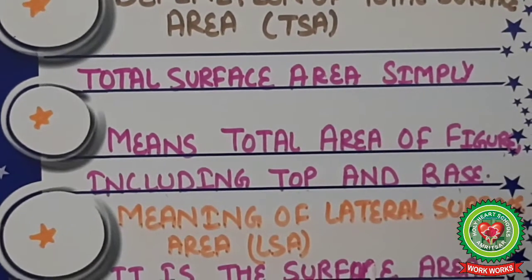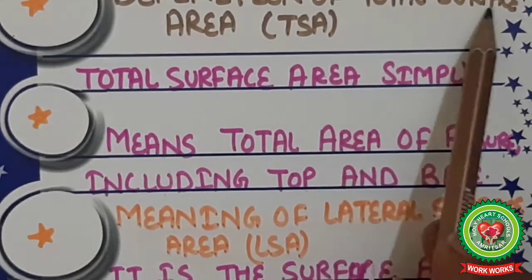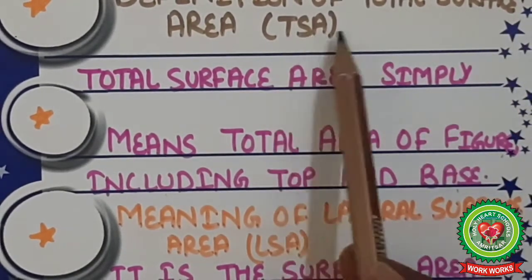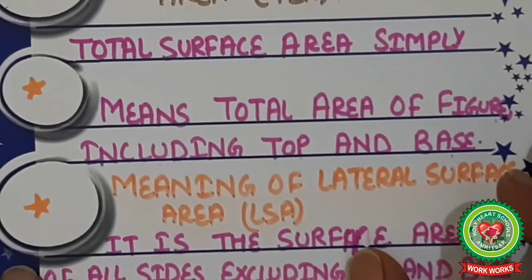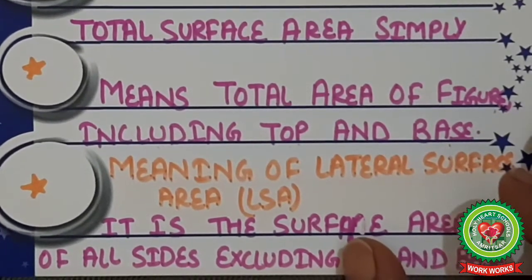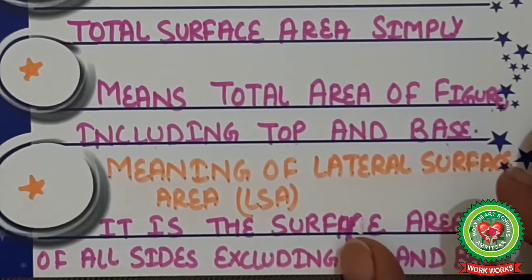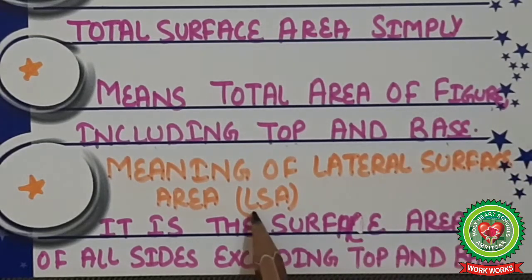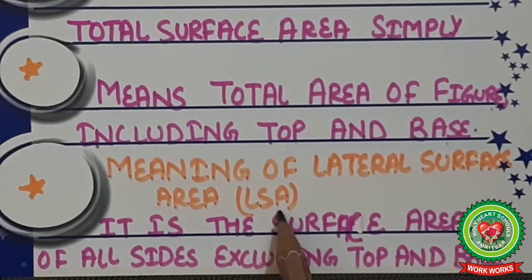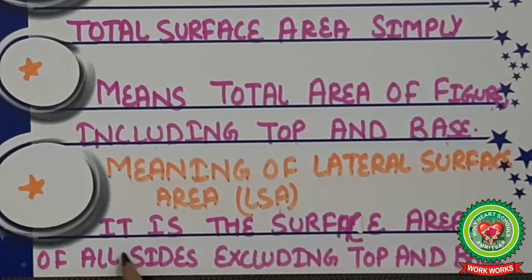Now children, after the definition of total surface area, that is TSA in short form, we will do the meaning of lateral surface area. Now what is lateral surface area? Its abbreviation is LSA, means lateral surface area. So it is the surface area of all sides, excluding top and base.